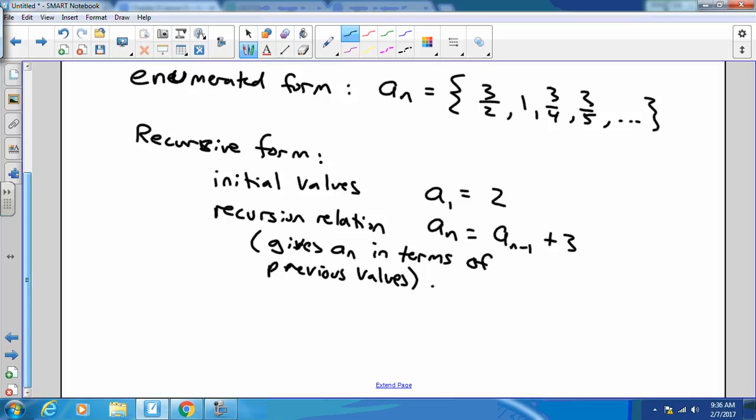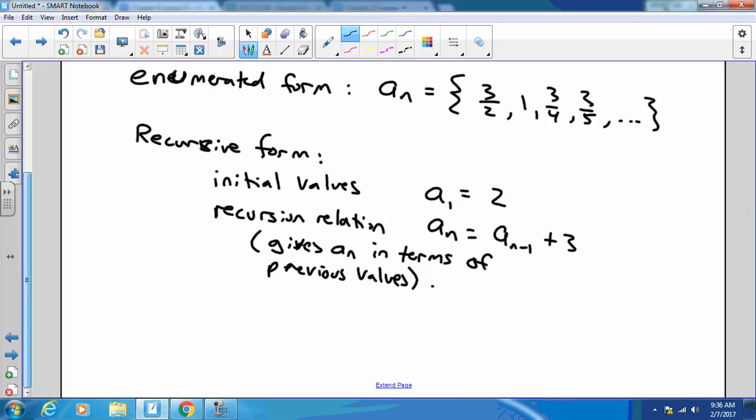Now, our recursive form is very, very convenient if we can discern an easy pattern for it. That's really the purpose. And it's also very flexible because it allows us to define really interesting kinds of series.